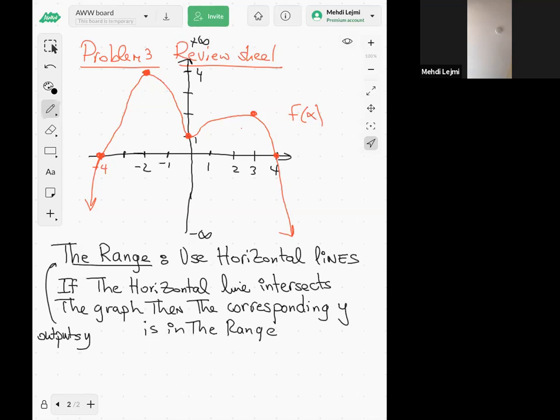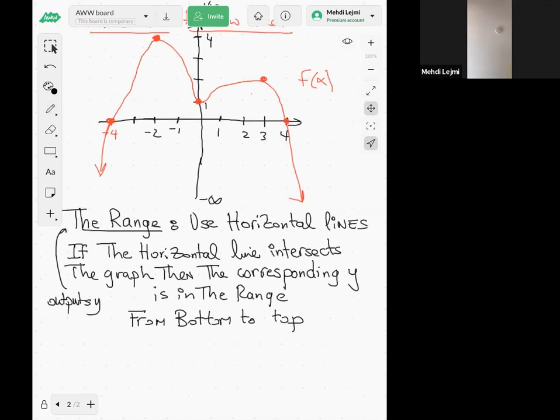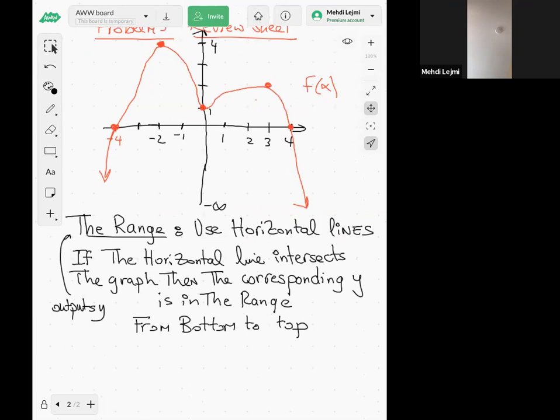Then another thing, you have to go from the bottom to the top. So what I'm saying, guys, is that if we start from the bottom, this thing here goes all the way down. So let's take horizontal lines.